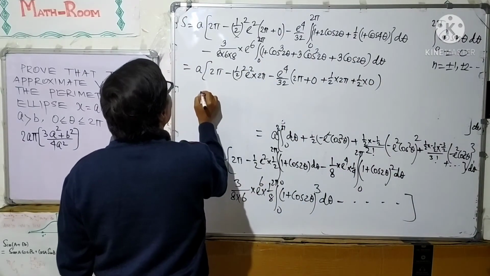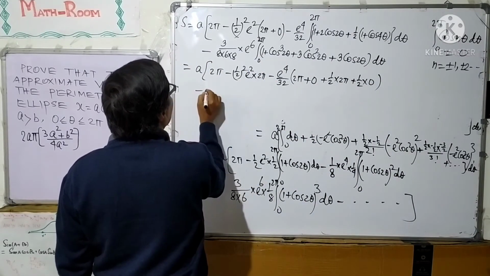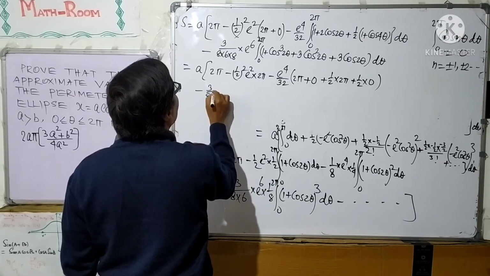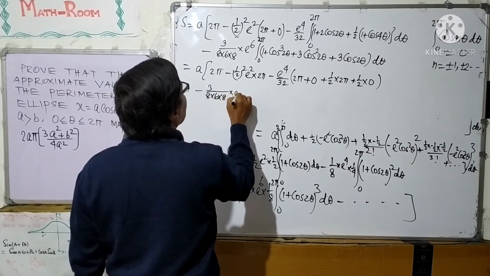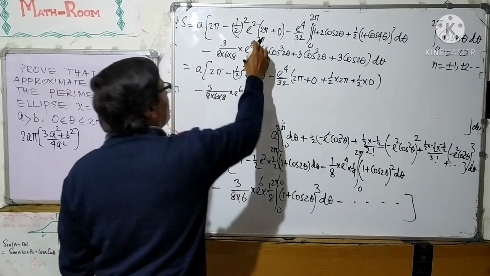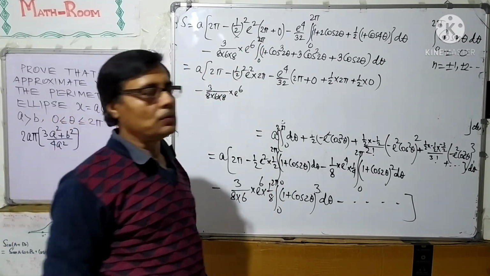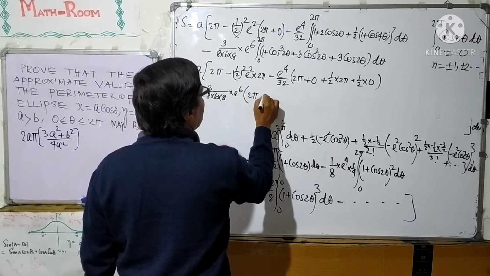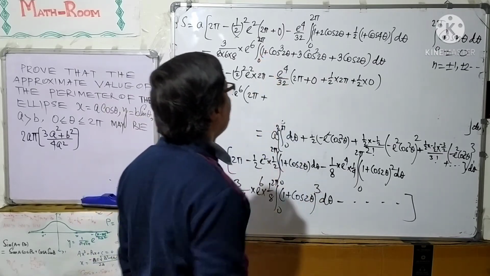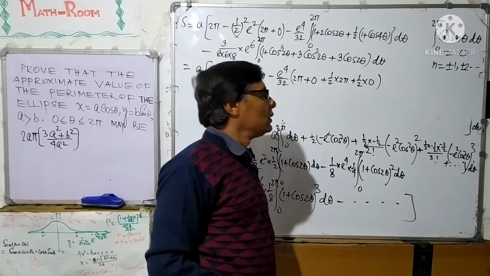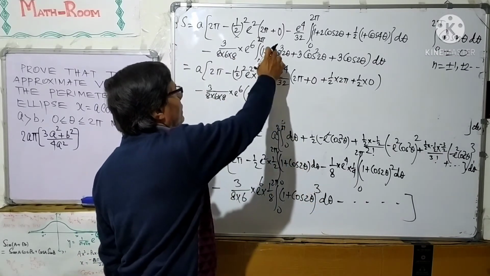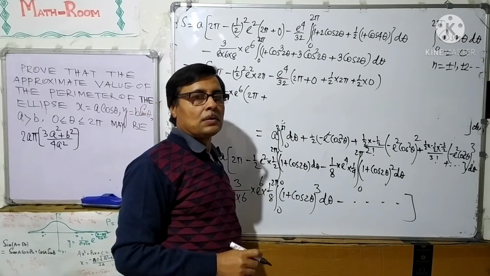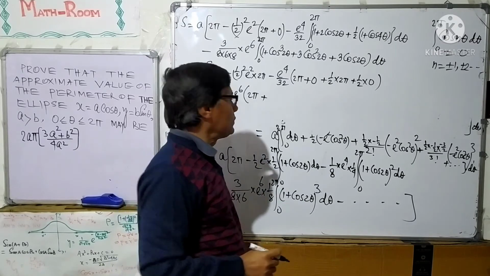This is also minus 3 over 8 into 6 into 8 into e to the power 6. 0 to 2 pi d theta is also 2 pi. So, this is 2 pi, and also 0 to 2 pi cos cube 2 theta d theta, we can write cos cube 2 theta is equal to 1/4 cos 6 theta plus 3 cos 2 theta.